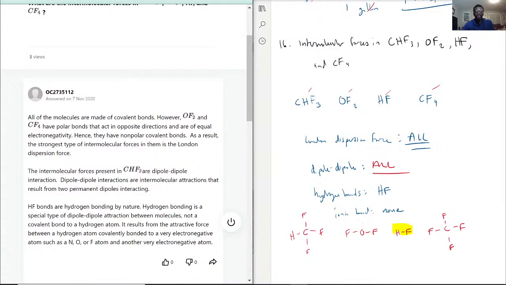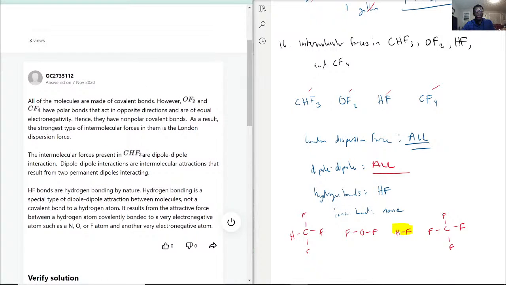So all the molecules are made of covalent bonds. However, OF2 and CF4 have polar bonds that act in opposite directions and are of equal connectivity. Hence, they are non-polar covalent bonds. That's not true. They're still polar, it's just a non-polar molecule. As a result, the strongest type of intermolecular forces in them is the London dispersion force.